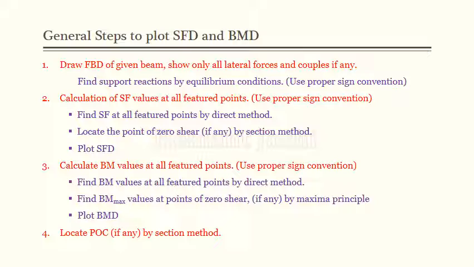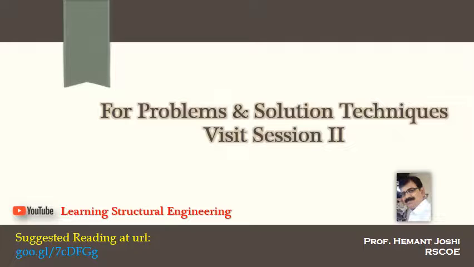All these steps we are going to learn in detail in session 2. So I appeal to you, for problems and solution techniques, please visit my session number 2, in which we are going to solve two simple problems with step by step calculations. That I am going to cover.